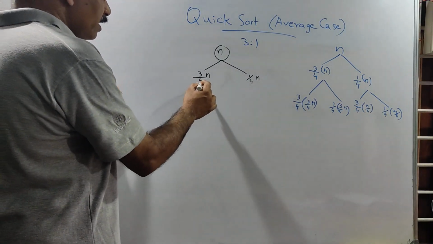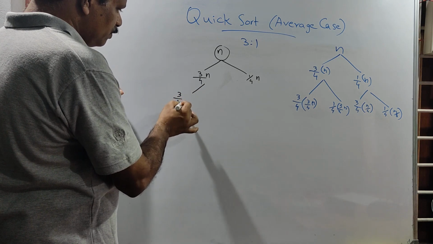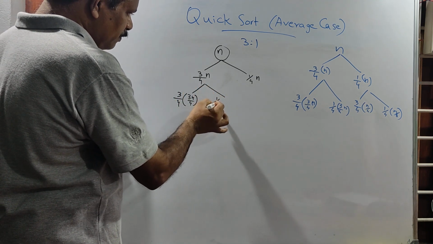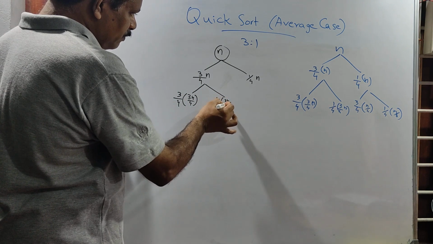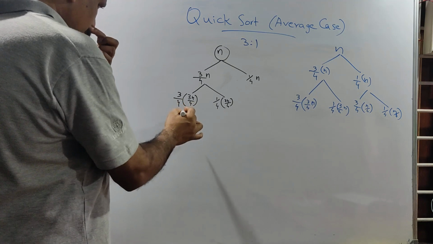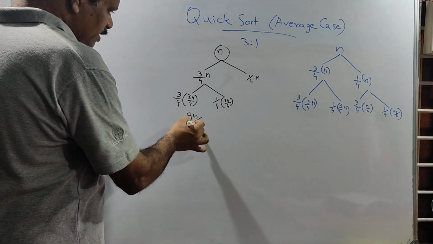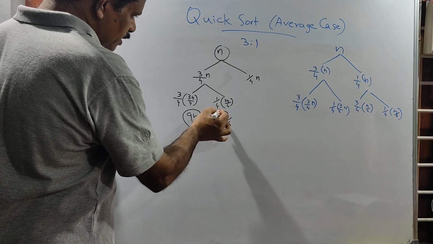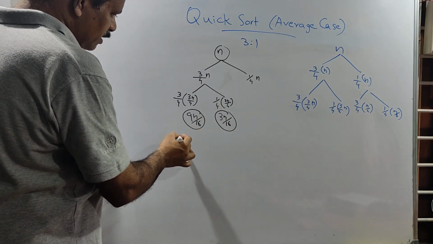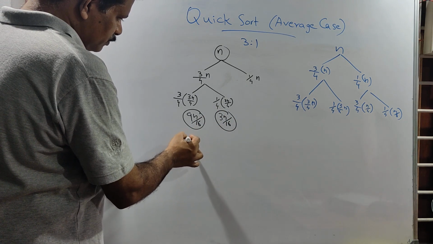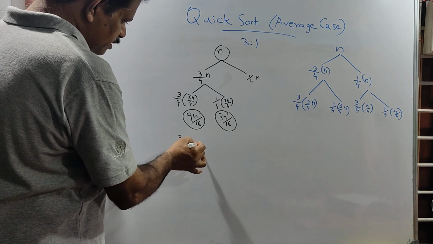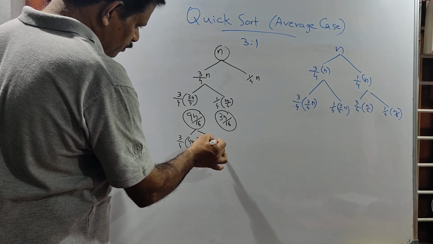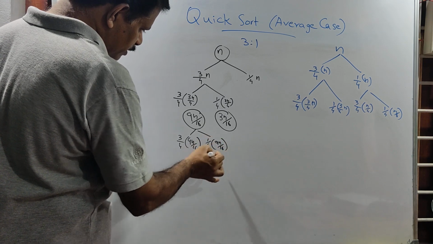In the next level it will be 3 by 4th of 3n by 4, and 1 by 4th of 3n by 4. So it is 9n by 16 and this is 3n by 16. Coming to the next level, 3 by 4th of 9n by 16 on this side, and 1 by 4th of 9n by 16 on this side.